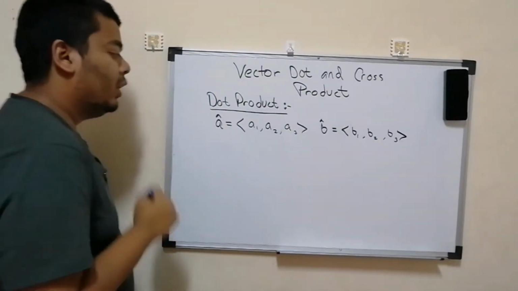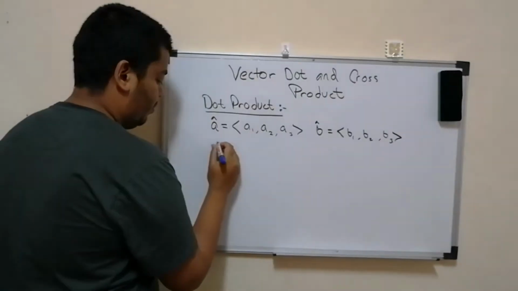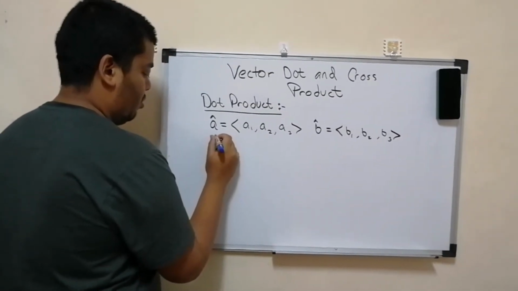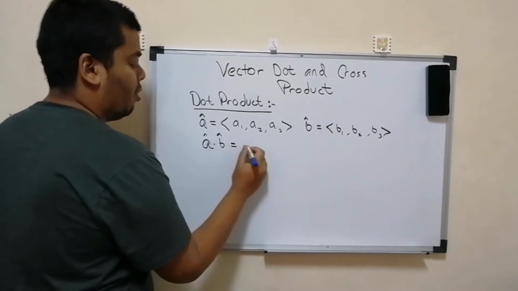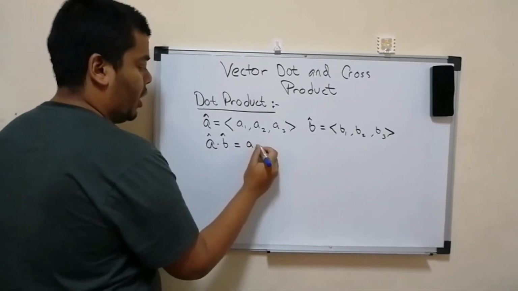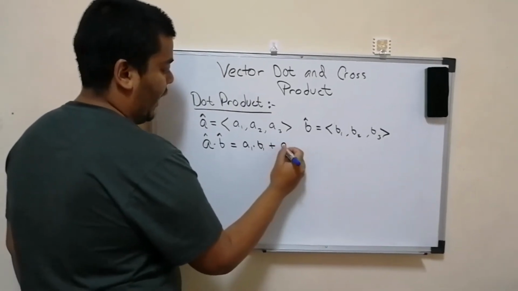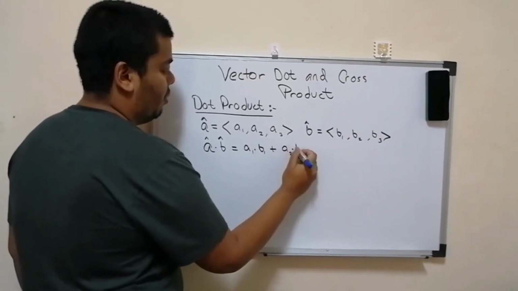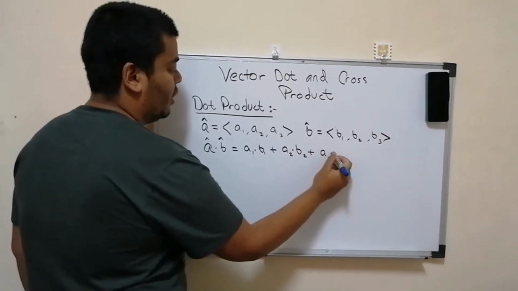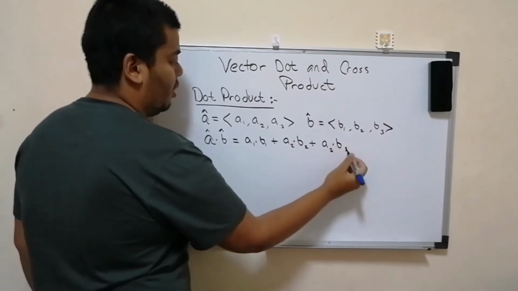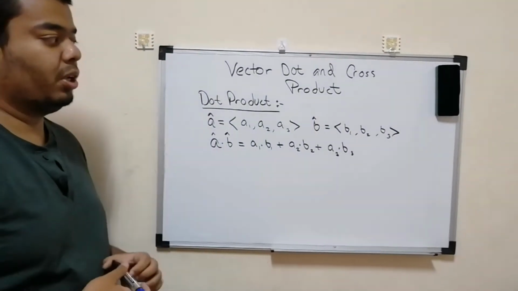The dot product between vector A and vector B will be A1 multiplied by B1 plus A2 multiplied by B2 plus A3 multiplied by B3. So this is the dot product formula.